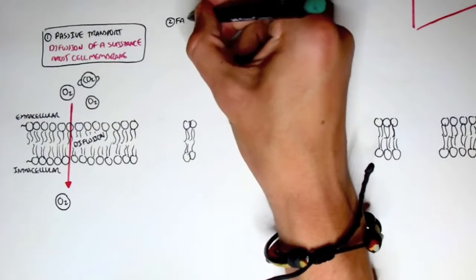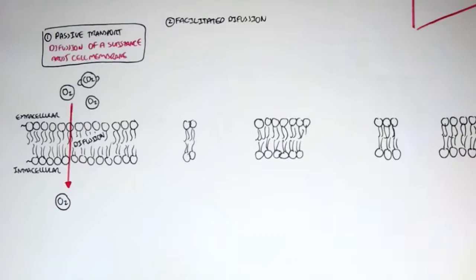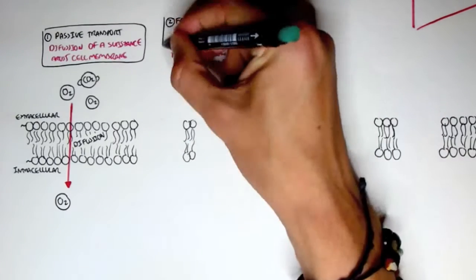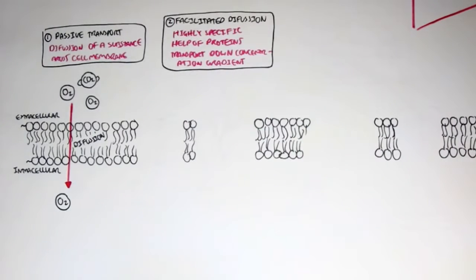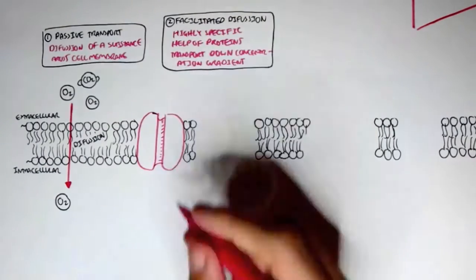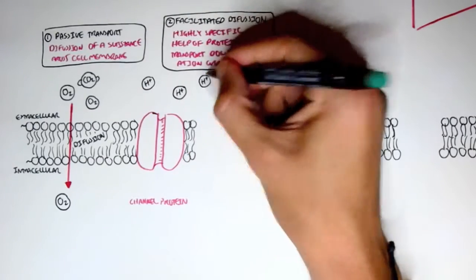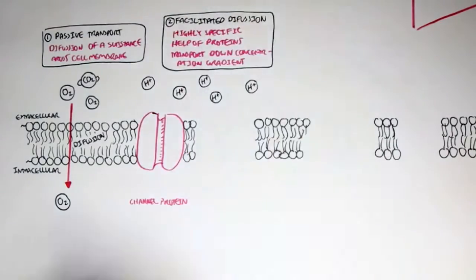And then we have number 2, facilitated diffusion, which is highly specific, and it requires the help of proteins. And these ions or molecules that move through actually transport down their concentration gradient. So for example, here we have a protein channel, and then we have high concentrations of protons, hydrogens, in the extracellular fluid.